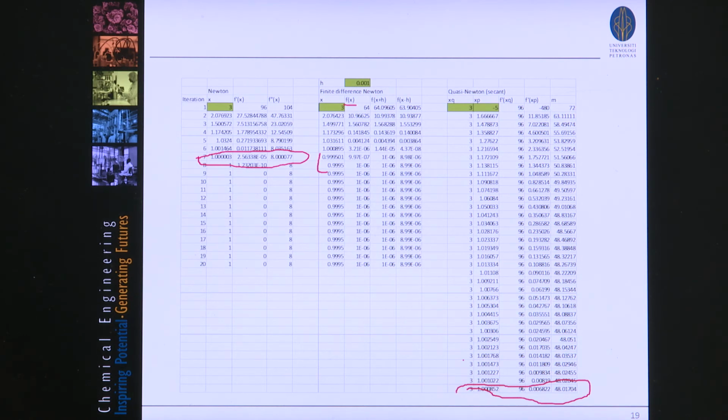But if your convergence tolerance is 0.001, then here you have converged already. If your tolerance is 0.01, that means this is already a converged point, because 0.01 is bigger than this number.